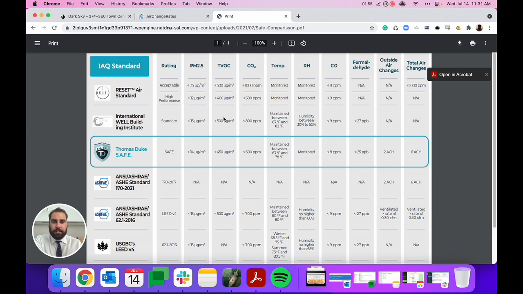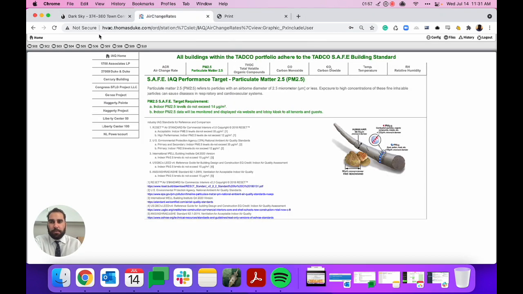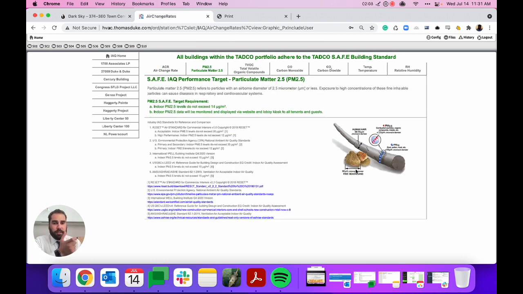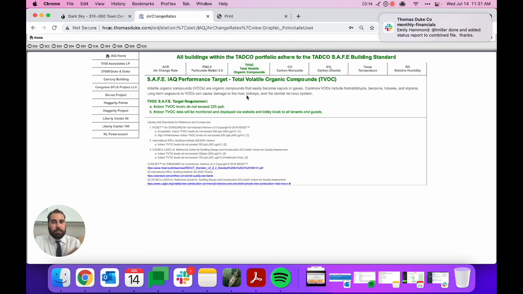Going through these individual categories, you can go back to this screen. We can talk about air change rate. The air change rate is how much the air is turned over. PM 2.5, those are dust particles, micrometers, excuse me. VOCs, those would be formaldehyde.